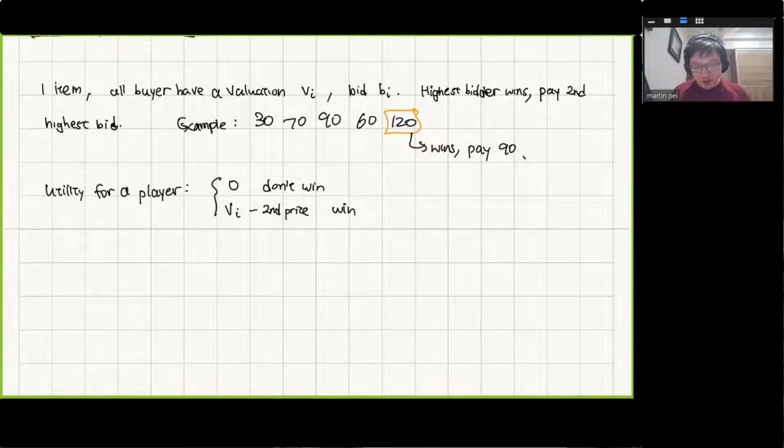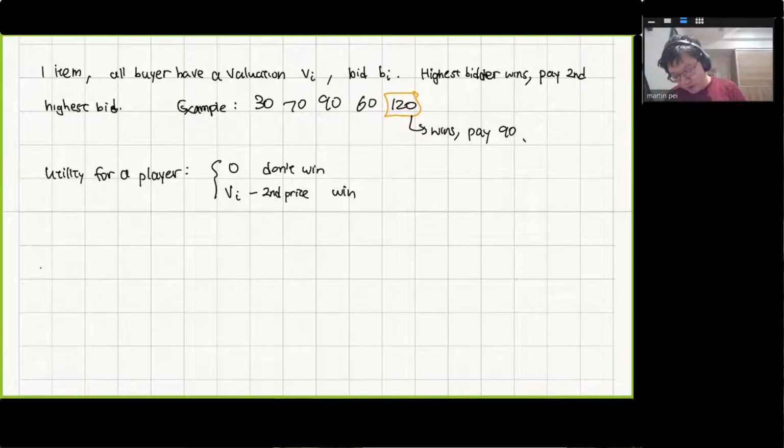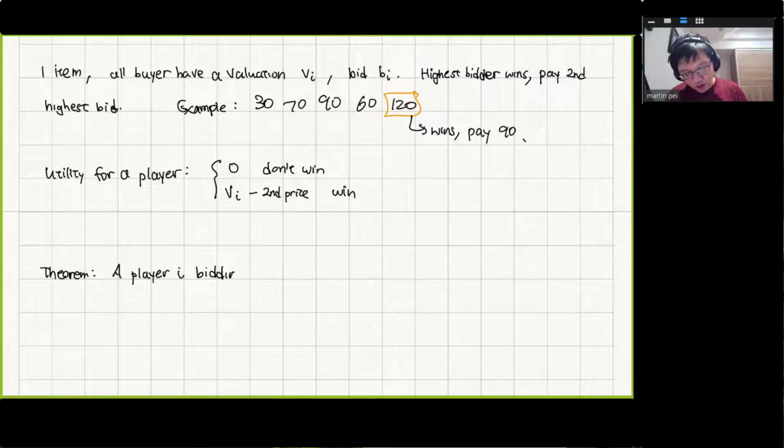So the theorem we had was: a player i bidding V_i, so that means their bid b_i is equal to V_i, is a weakly dominating strategy.